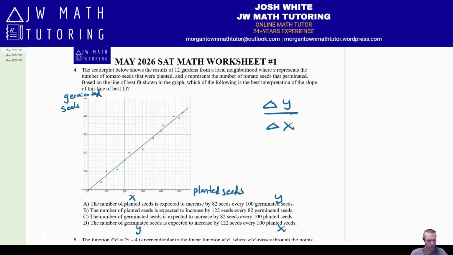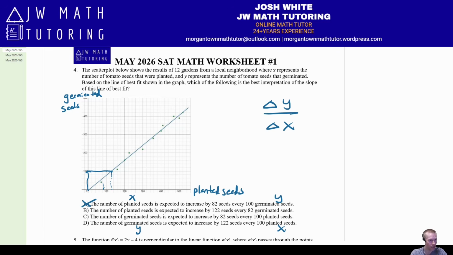So if we increase by 100 germinated seeds, so go up here to 100, is the change in the x or horizontal amount of the line equal to 82? No, it is not. You can see it's clearly over here, somewhere between 120 and 130. The number of planted seeds, in other words, is not increasing by 82. 82 would be an increase like over here. So therefore, this is wrong.